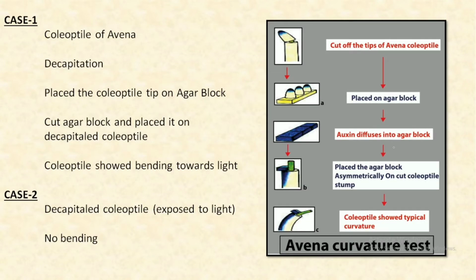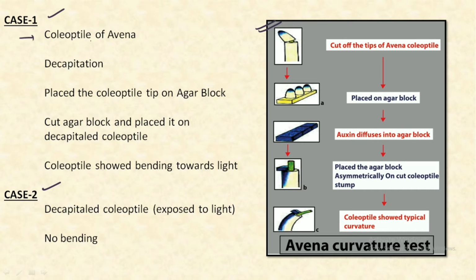The Avena grass was taken and the following cases were set up in order to finally conclude that there was a hormone which was given the name auxin. The experiment was conducted with two cases. In the first case, these were the steps followed.